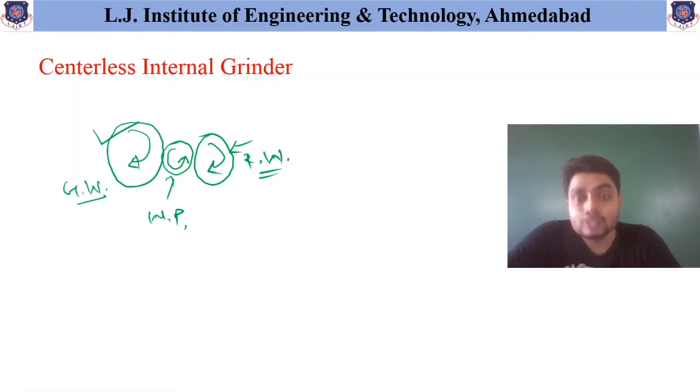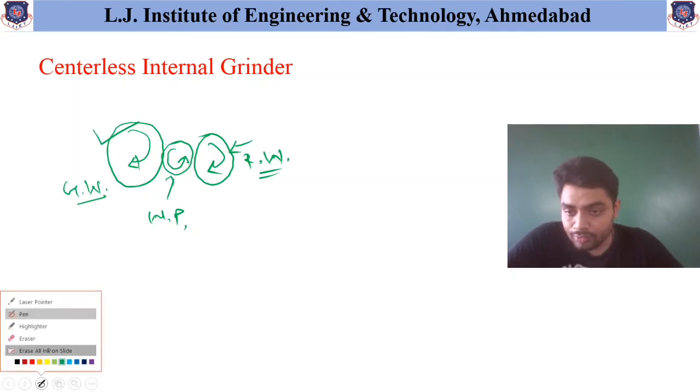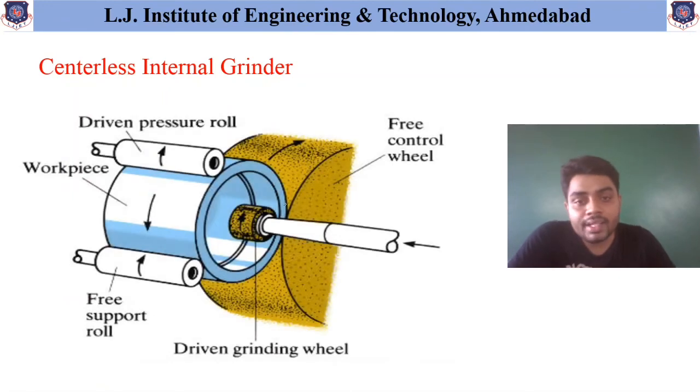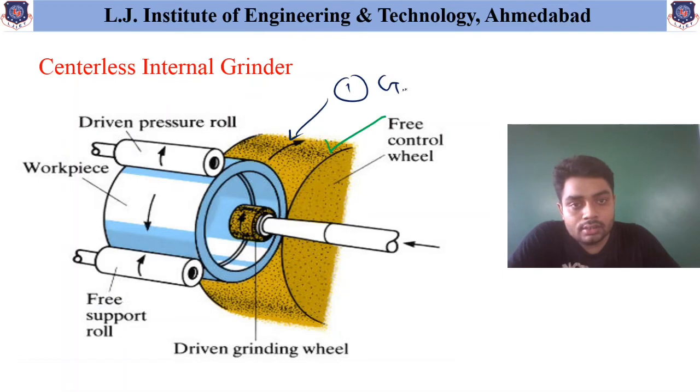So this is the basic principle that we have seen in our previous lecture in the case of the centerless grinder. In addition to this, what is the extra requirement in the case of the centerless internal grinder that we will see. So let us have a look at the figure shown over here. This is the grinding wheel. The second one, that is the main internal portion, this is also a grinding wheel.